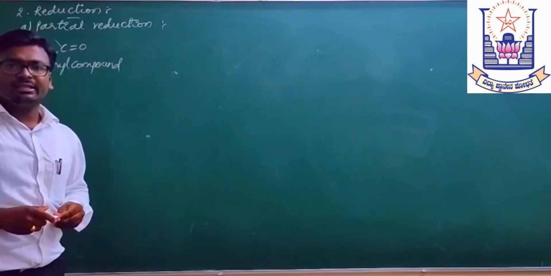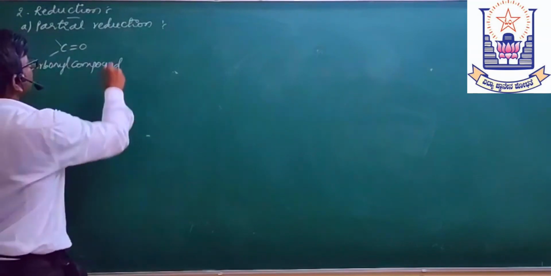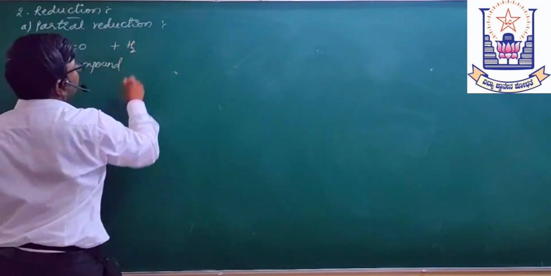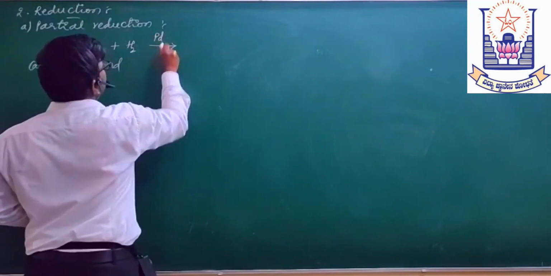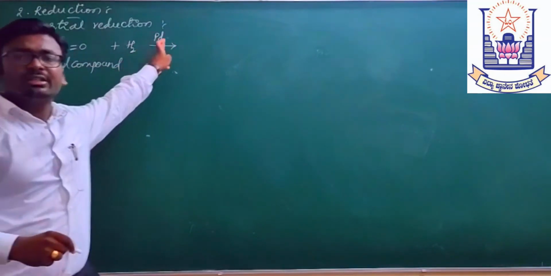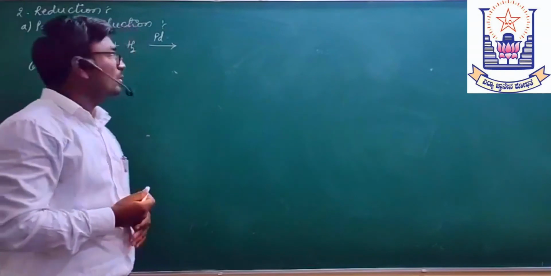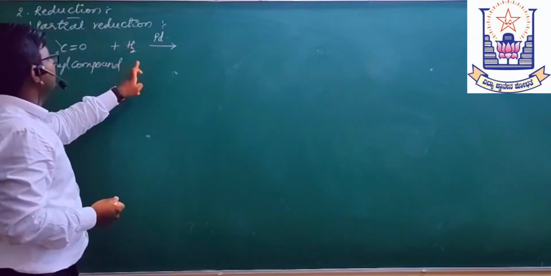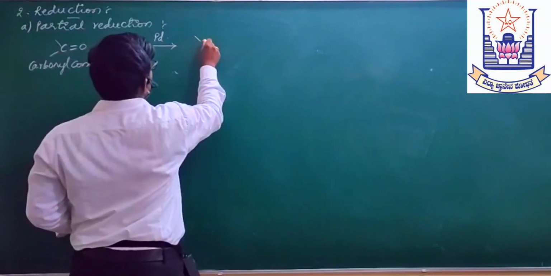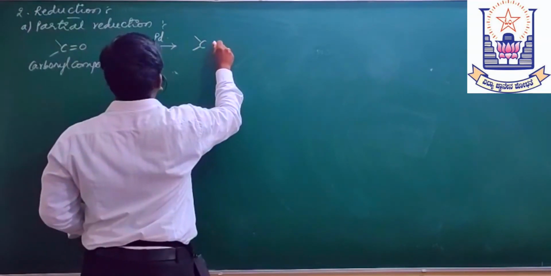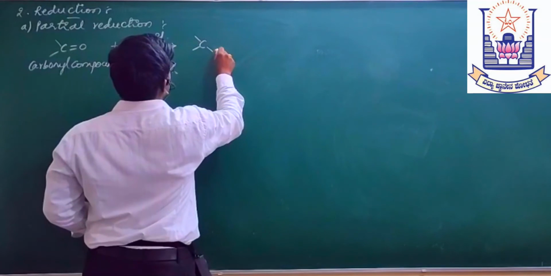When this carbonyl compound is partially reduced, we may use catalytic hydrogenation for this. What is catalytic hydrogenation? Addition of hydrogen in the presence of a catalyst. Catalytic hydrogenation of a carbonyl compound will give the corresponding alcohol, like this.